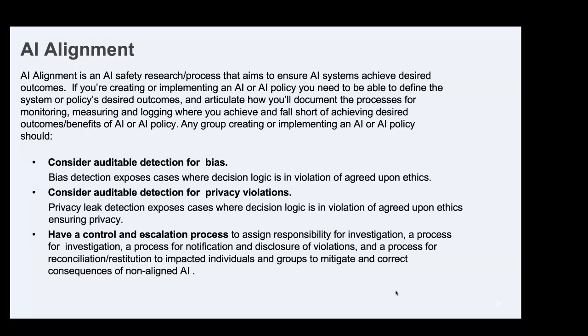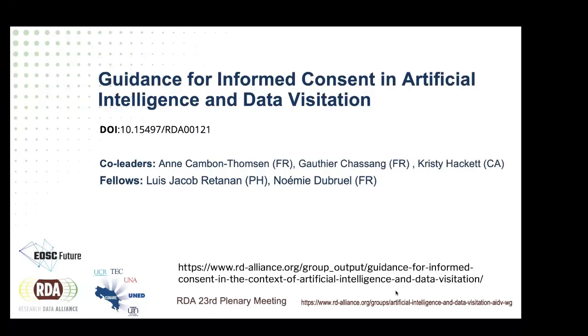So when you think about the ways that a non-aligned AI can be worse than the data breaches we're already experiencing, you really need to think about what will be your control and escalation process. And is it going to be better or worse than data breach notification processes we have today?